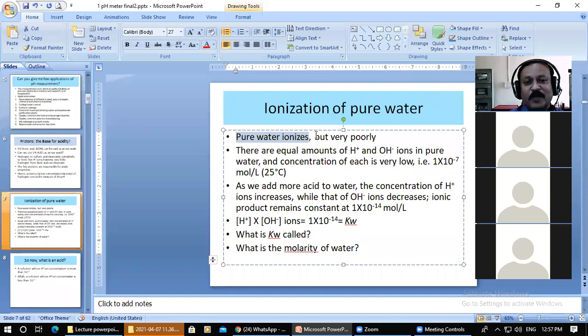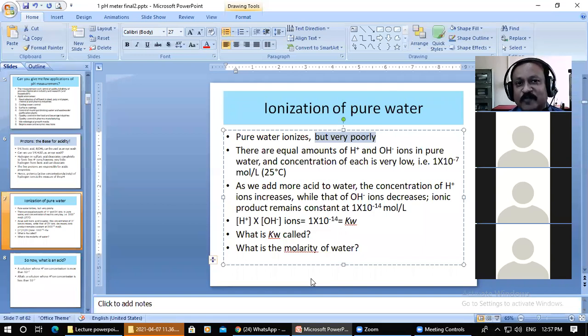But it is a characteristic feature of water that all of these molecules of water are not in an ionized state. Water actually ionizes very poorly. Only a few molecules of water at any given time will be in the ionized form.